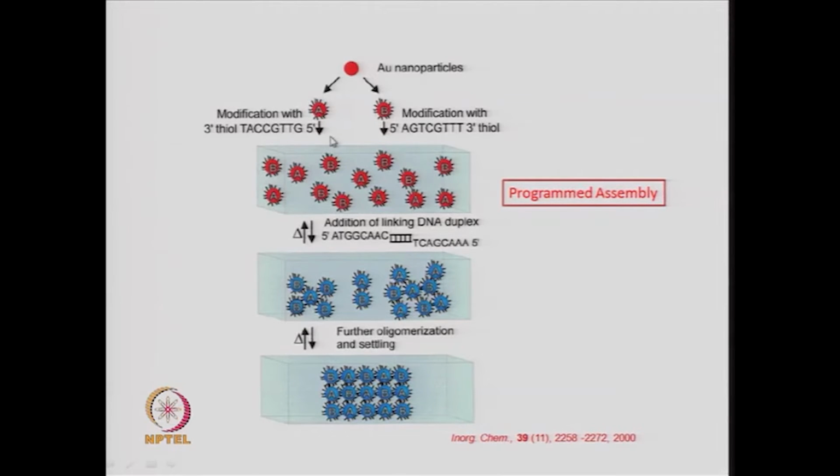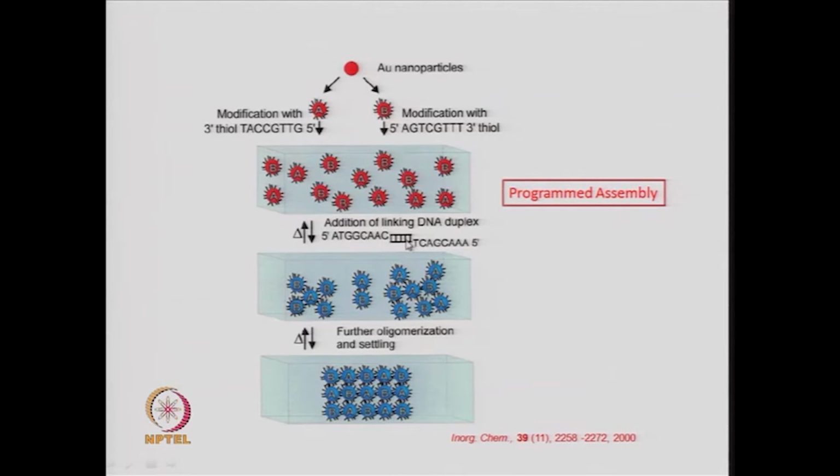So, you have these A particles modified by this, and you have these B particles functionalized by this, and you have them in solution, and then you add a DNA duplex which has on one end one stranded DNA and another end another strand of DNA, and this part of the DNA will attach to the A particles, because the A has this functionality where thymine will attach to the adenine of this, and adenine of this will attach to thymine of this.